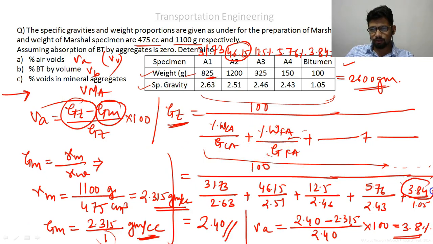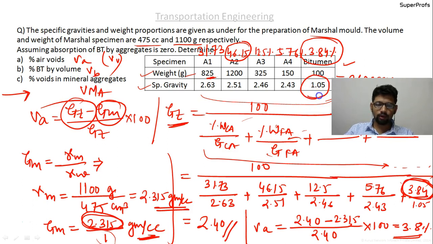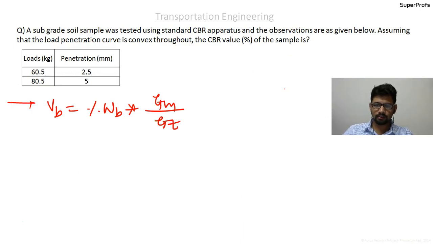GM value is now known to us, that is 2.315, and the next quantity that we needed is GB, that is 1.05. Yes, it is not GT guys, it is GB. I'm sorry, I am writing the same thing again and again.